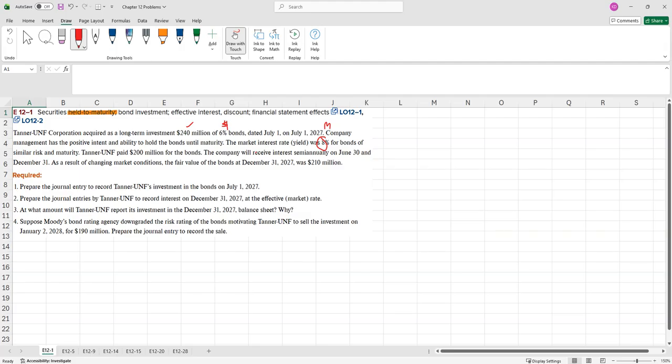That's going to give rise to a discount. Specifically, they're $240 million bonds, but we paid $200 million for them. Interest is semi-annual, and the fair value of the bonds at December 31st, 2027 was $210 million. So when we talk about held to maturity, we're going to put these on the balance sheet at amortized cost.